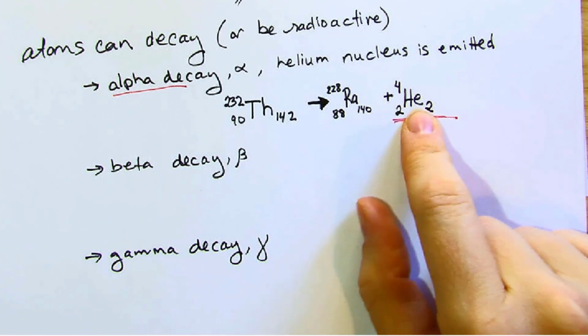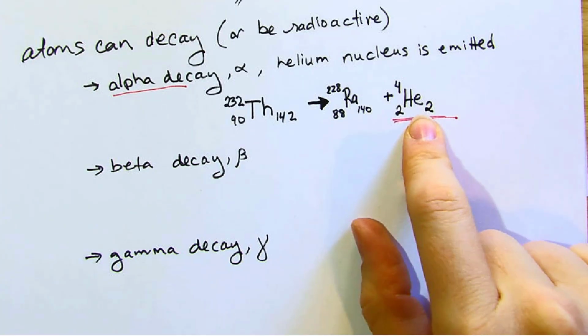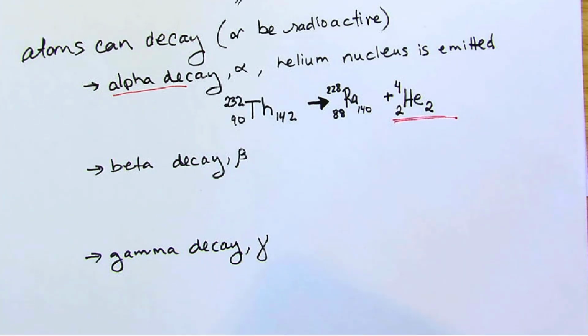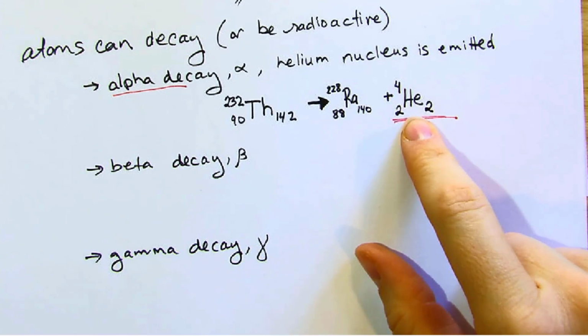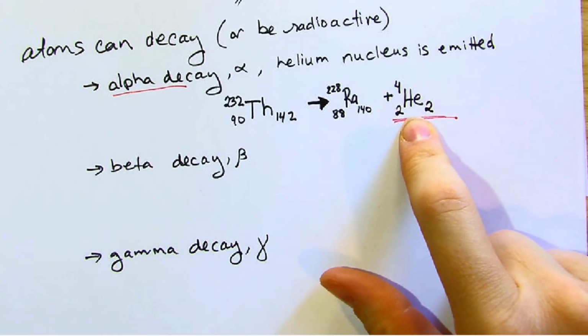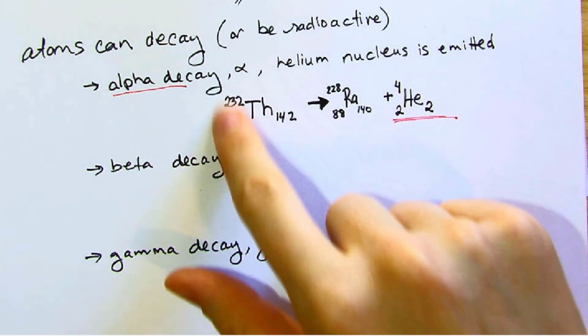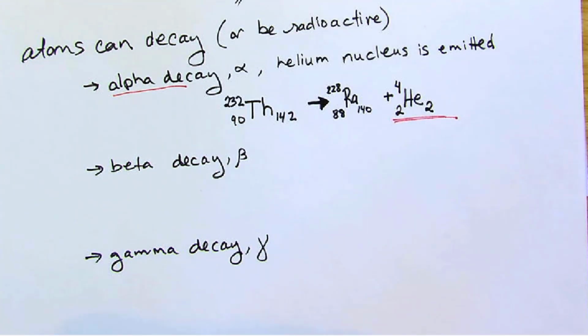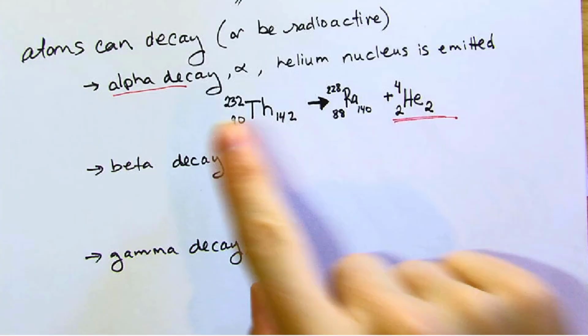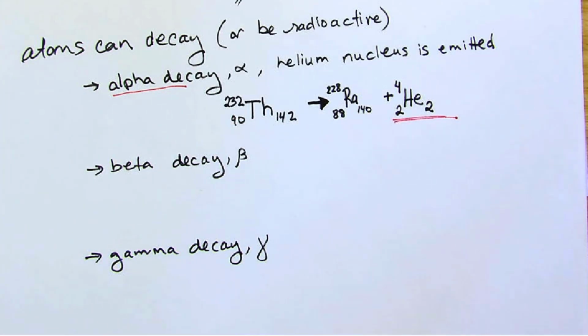And that might be dangerous if these helium atoms come at us with high speed, because if they hit us hard enough, they could damage our DNA or something. But helium atoms are stopped with a sheet of paper. So as long as you take your thorium here and put a sheet of paper between it and yourself, you will be safe from the alpha radiation from those helium atoms.